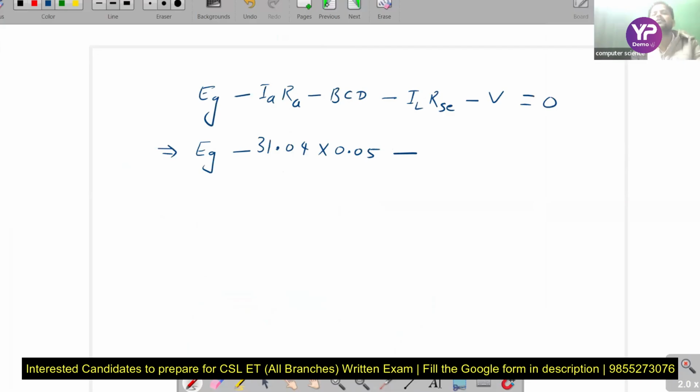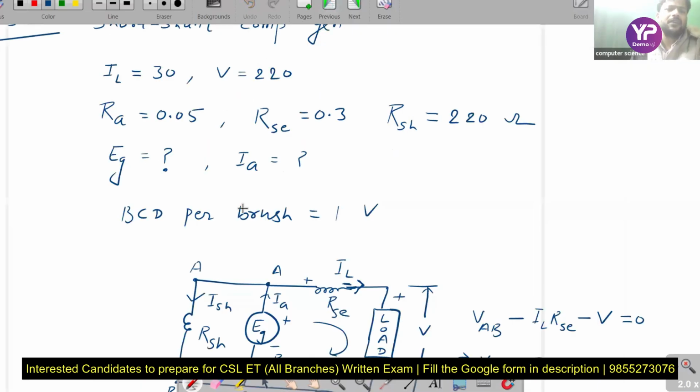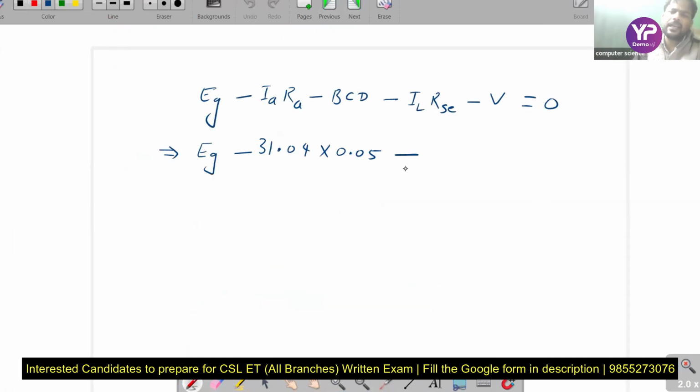If the number of brushes is not mentioned, then we generally take the minimum number of brushes in any electrical machine as 2. So here given per brush drop is 1 volt and the minimum number of brushes in any machine is 2, so the total voltage drop is 2 into 1, minus ILRAC.